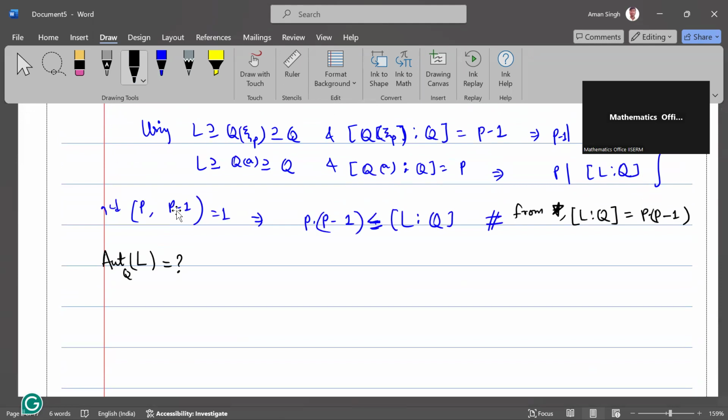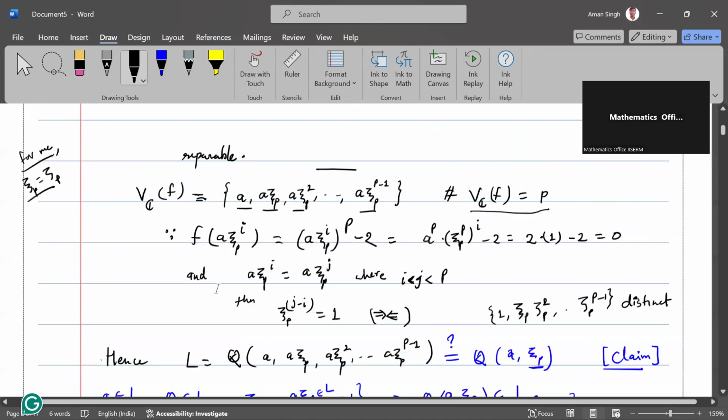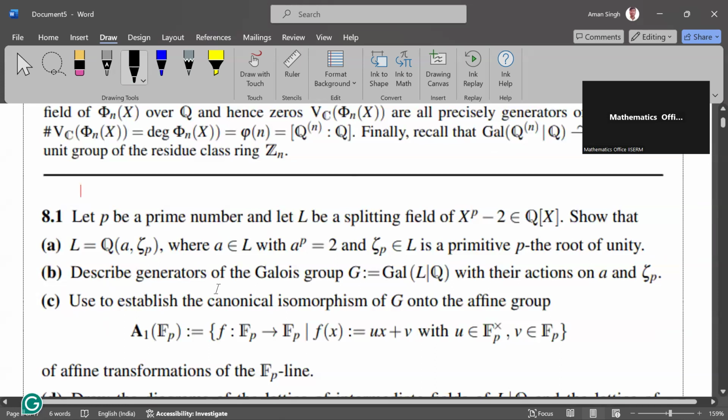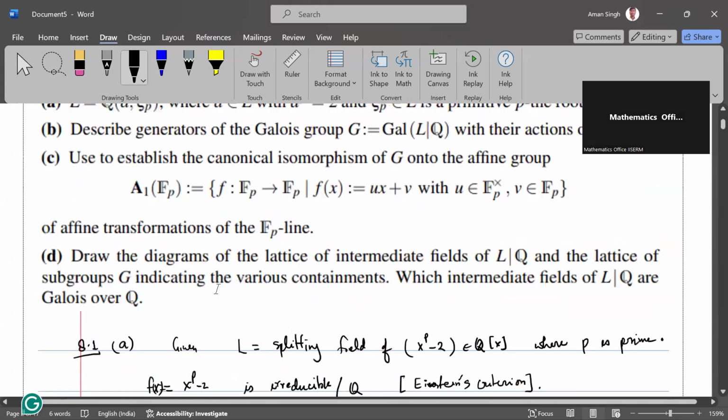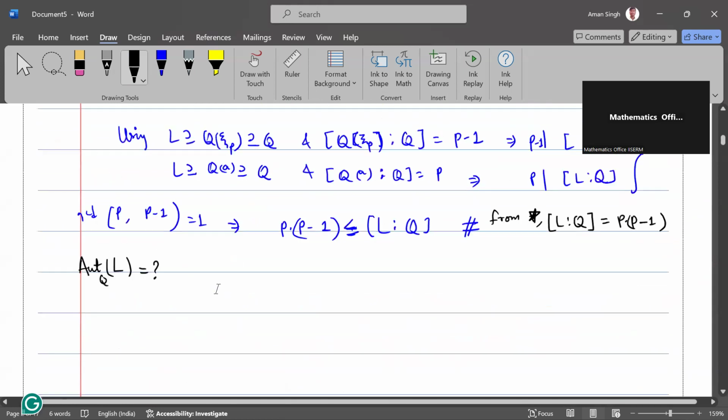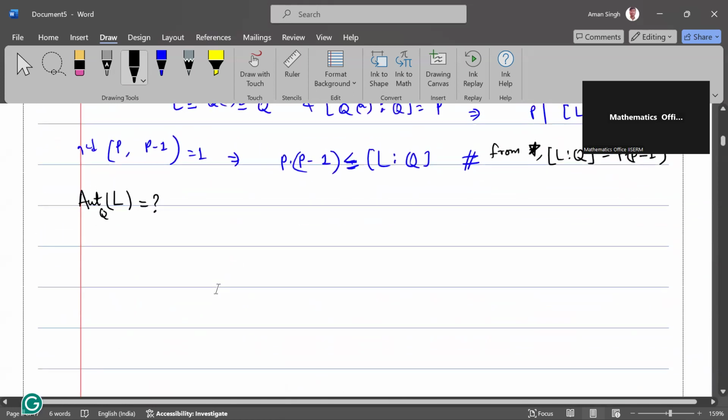If they are equal, this will be a Galois extension, and at that moment the automorphism group of L over Q will be the Galois group, and that is one part of the question: describe the generators of the Galois group. Okay, let's first calculate Aut(L/Q).